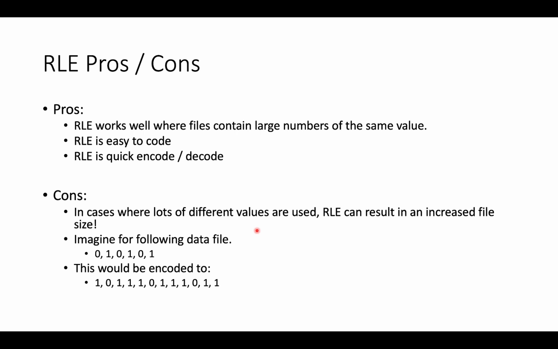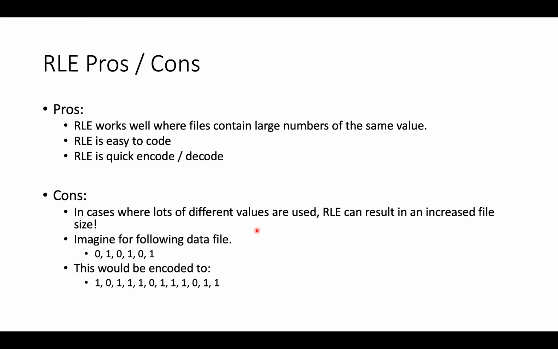If you as a coder have to develop a compression algorithm for some reason, RLE is a good choice because it's quite an easy algorithm to implement, and it's easy to put together for the decompression too. It's also a very quick algorithm because you're basically streaming through the bits and checking to see if it's the same as the last bit. So it's very quick to encode and very quick to decode. So those are the pros of RLE.